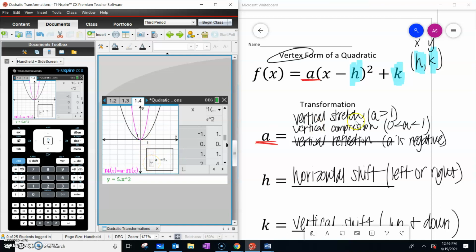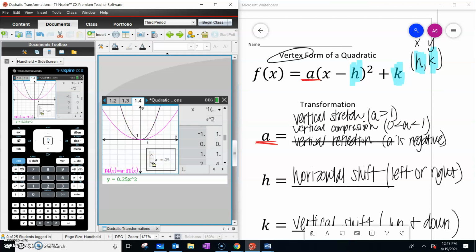When I have a compression, that means our a is between 0 and 1. So a is greater than 0 and less than 1. That's going to be like our fractions, like our 0.5s and our 1/2s and so on. So let's get back to our parent function.